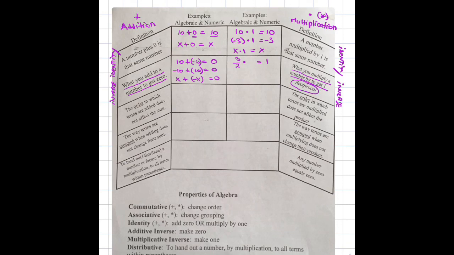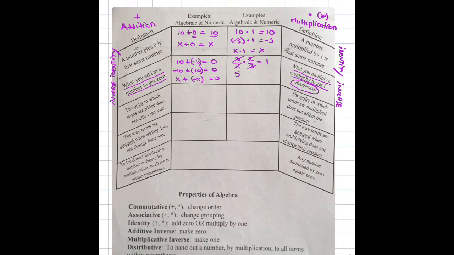If you remember from middle school, the reciprocal of a fraction is simply that fraction flipped. So the reciprocal of 3 over 2 is 2 over 3. When I multiply 3 over 2 times 2 over 3, the 3's simplify, the 2's simplify, and I get 1.